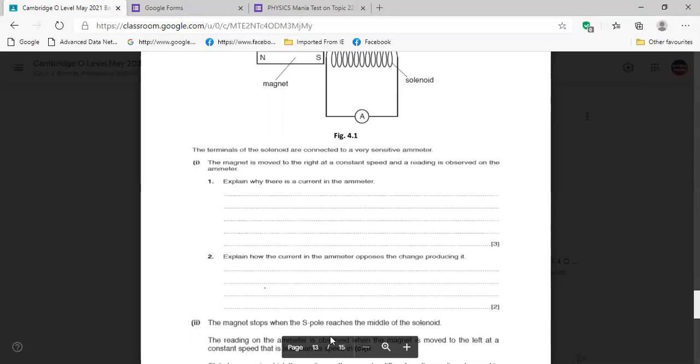So it is coming from Lenz's law, right? Yes, sir. So you get the explanation from there, then you write. Sir, I didn't understand the question. You go to the note of Lenz's law, you'll understand it.